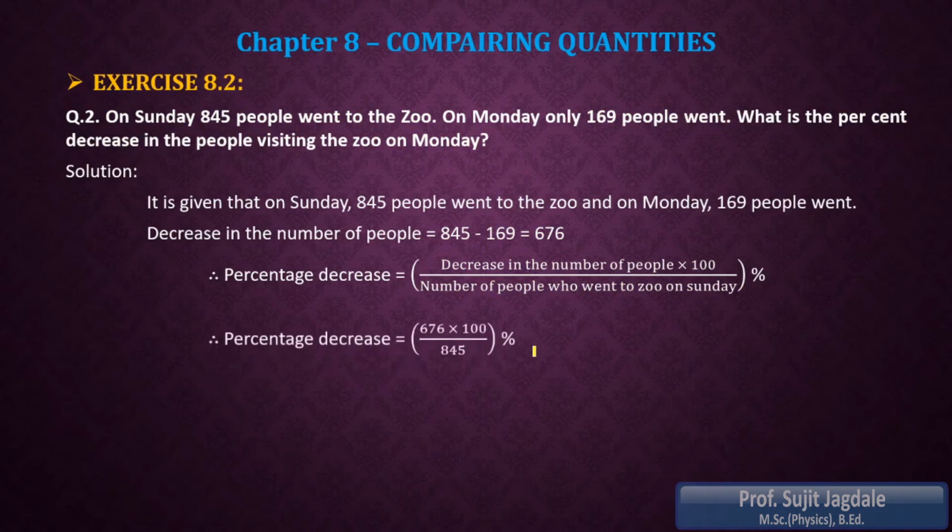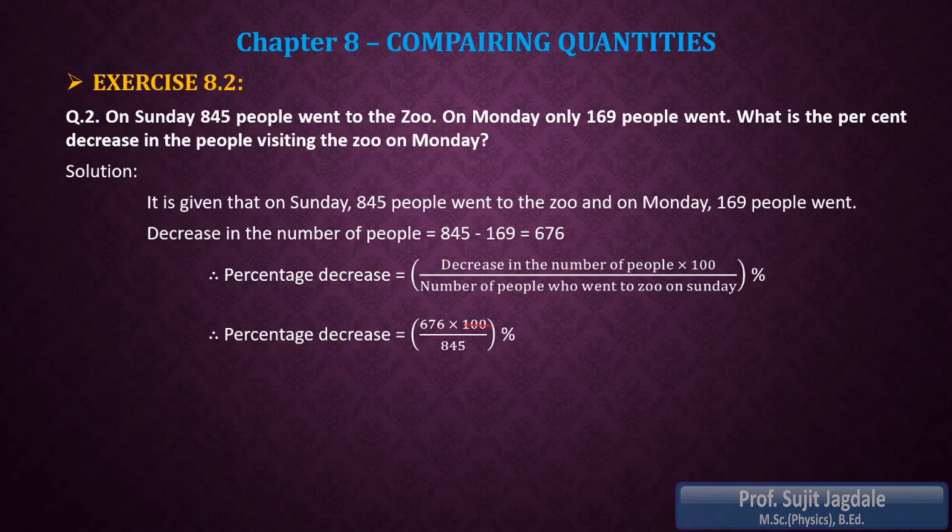Now just put down the values. The number of people decreased is 676, so put down that value. Then 100 remains as it is. Then the number of people who went to that zoo on Sunday is 845. So we get 676 into 100 upon 845. Here we are going to divide in parts.